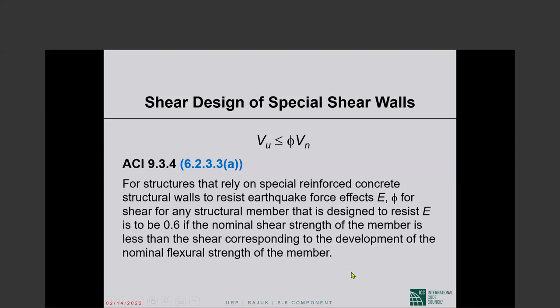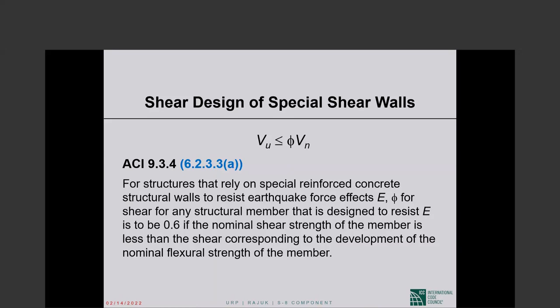It states the principle, but you still have to figure out when to apply 0.75 and when to apply 0.6. There are a lot of people who design for a phi of 0.6 across the board, but that is not intended by the code, and that in a way would be wasting your client's money when shear failure simply is not a possibility.